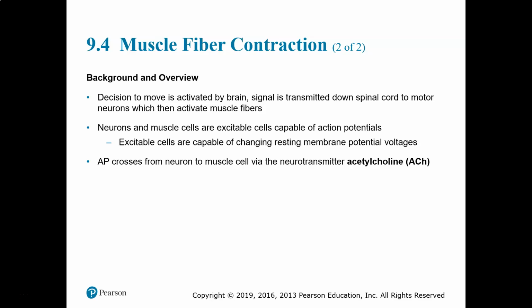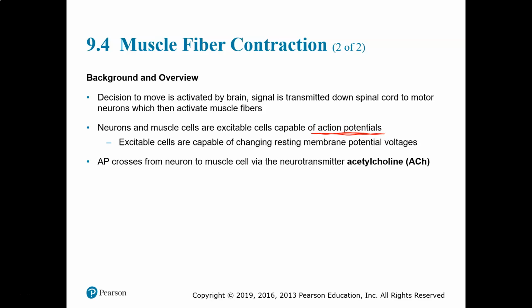The decision to move, and we're talking, of course, about skeletal muscle here, is activated by the brain, and then the signal is transmitted down the spinal cord to motor neurons, which then activate muscle fibers. So neurons and muscle cells are excitable cells. They're capable of action potentials or electrical impulses.